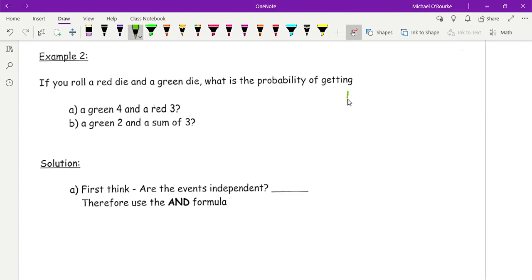March 13th, yeah. Okay, here's what I want you to do first. You roll a red die and a green die.